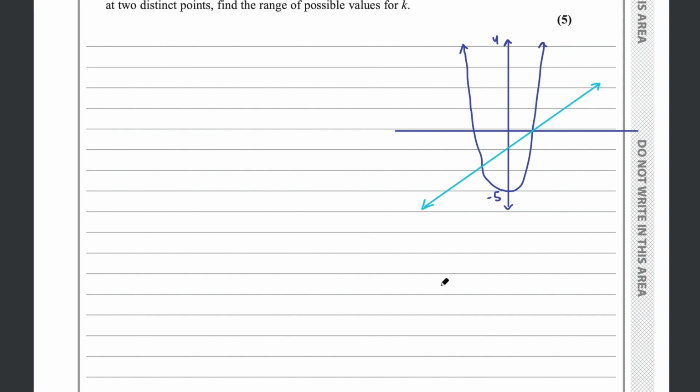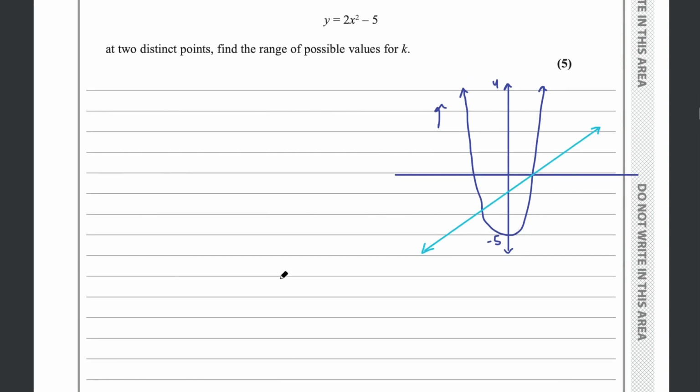Well, if the straight line was down here, it wouldn't cut the graph at all. So there's going to be some minimum value of k. There won't be a maximum, because as long as the graph is going up here somewhere, then it will always cut the graph twice, but there'll be a minimum value for k. So that's what we're going to try to find here.